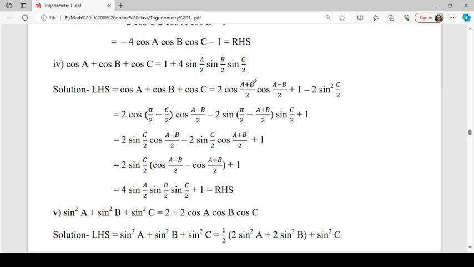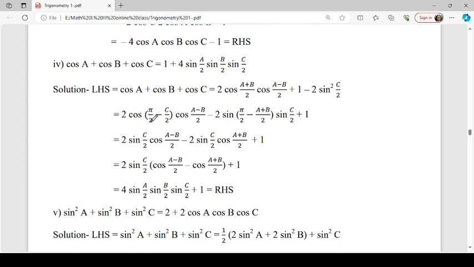It is now (A plus B) by 2, so A by 2 plus B by 2, so this we write as pi by 2 minus C by 2, because A plus B plus C is pi. So 2 cos of pi by 2 minus C by 2, this is cos of (A minus B) by 2, and this 2 sin square C by 2 we write as sin C by 2 kept like this, and it is pi by 2 minus (A plus B) by 2.